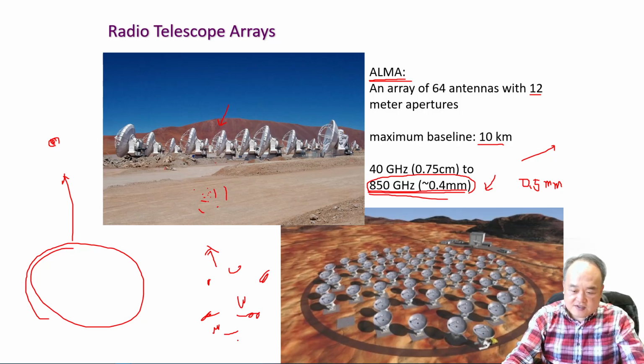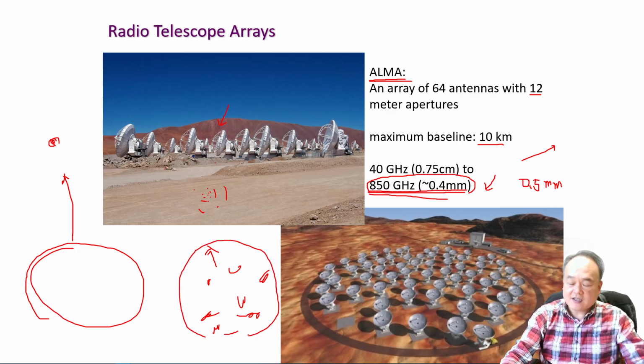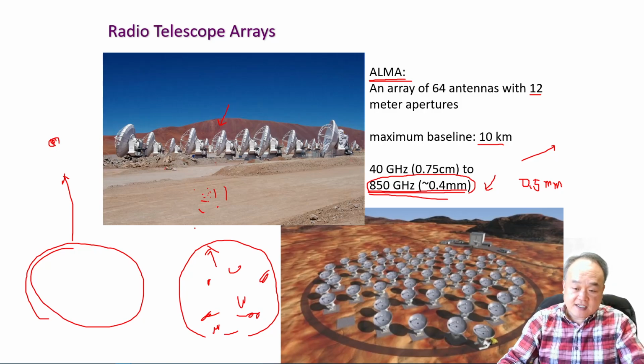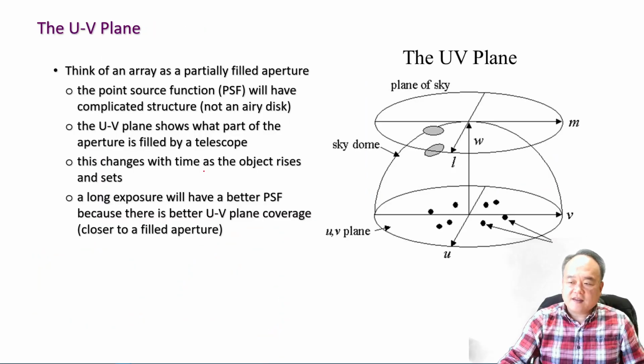So the coverage of the reflecting surface matters, and how much fraction of the reflecting surface is covered in the PSF, the point spread function, is closely related to the UV plane.